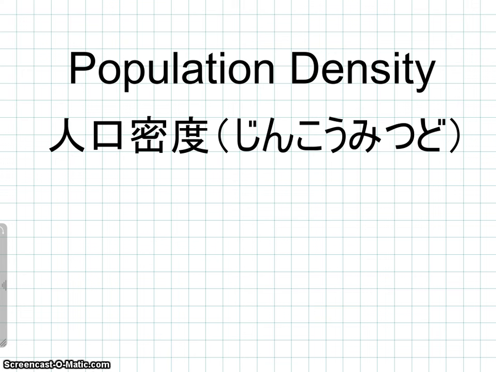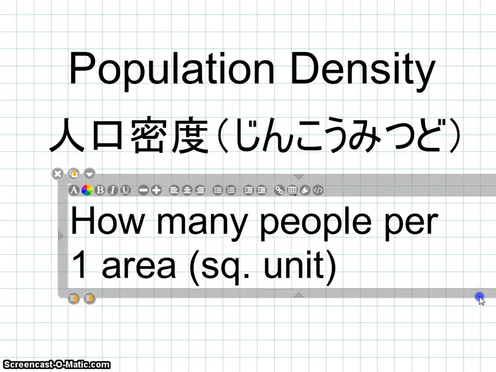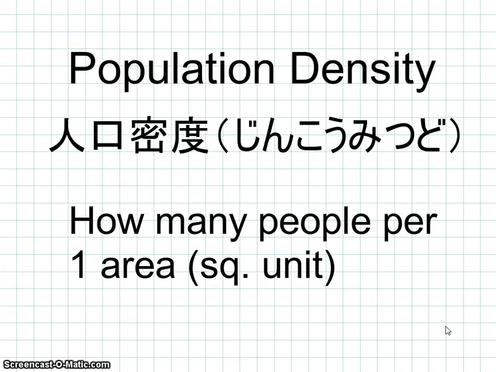Well, what does population density or Jinkou Mitsudo mean? Well, it means how many people are there per one area, okay? Which is usually expressed as a square unit, right? For example, maybe square kilometers or square meters or square centimeters and so forth.